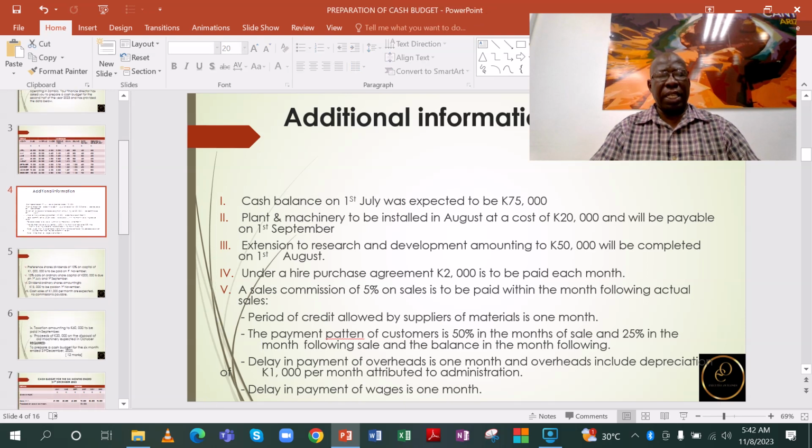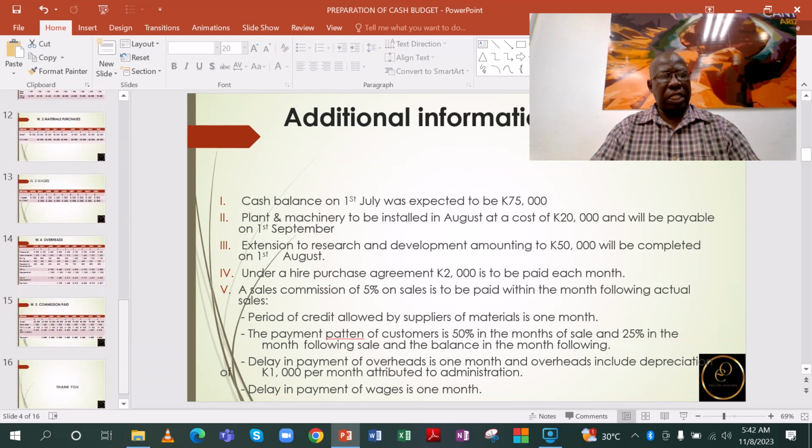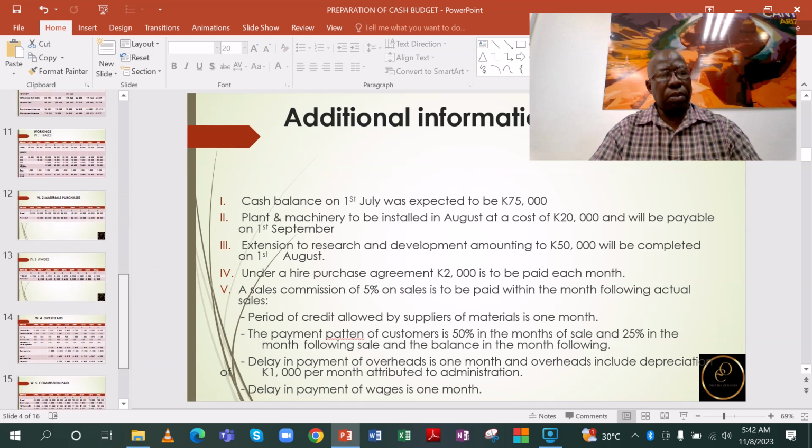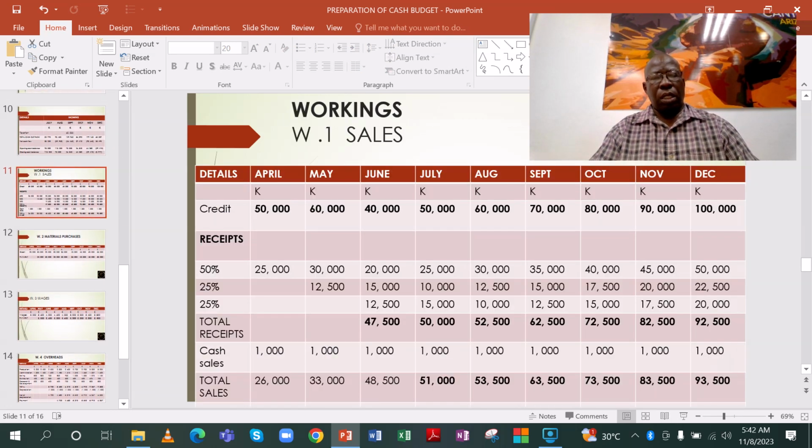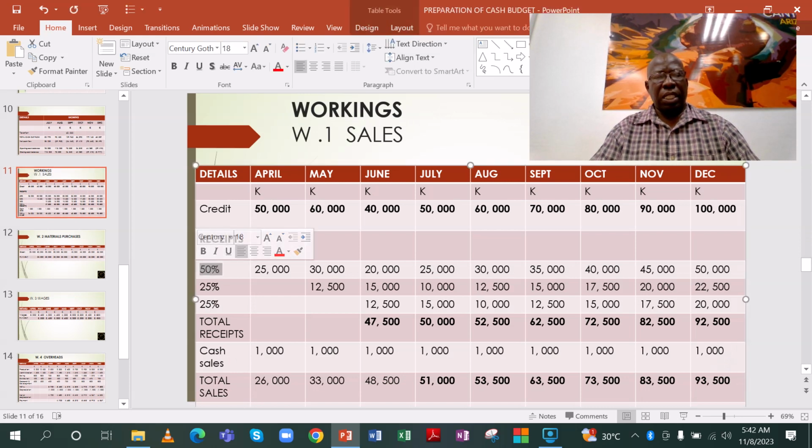Looking at that, you can present it in this way. You have receipts. There is 50%, there is 25%, and again 25%. So 25% is in the month following sale, 50% in the month of sale. So that's how it is.